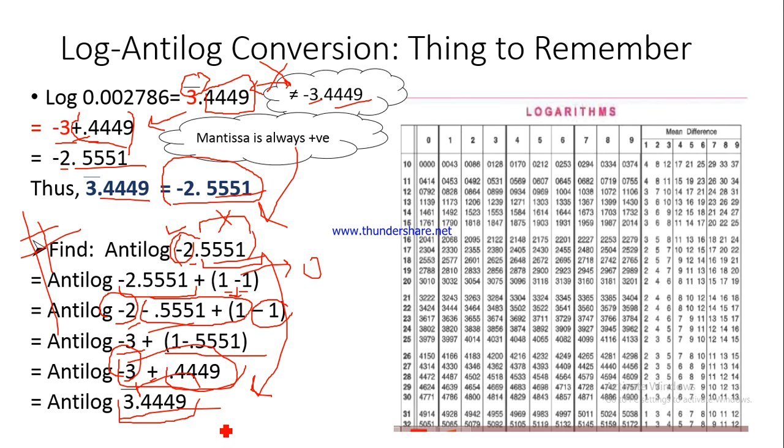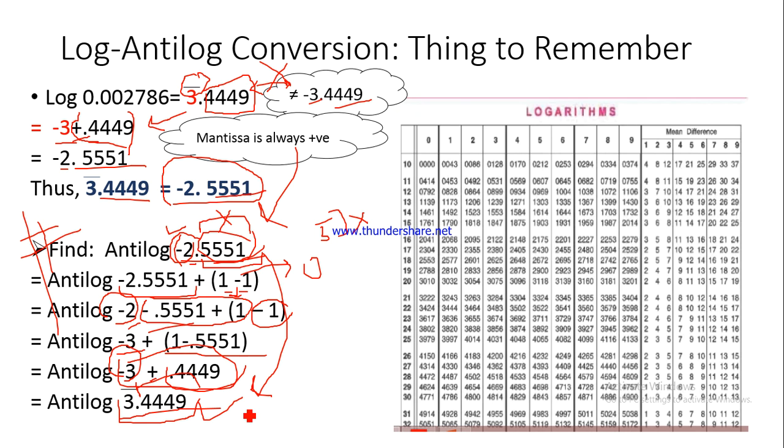So whenever this kind of a question comes up, you have to find out antilog of a negative number which has not been mentioned as a bar. It has not been mentioned as a bar, please understand. If it is not mentioned as a bar, then you have to go for this particular methodology, convert this term into a positive term using this particular methodology, and once you have done that, then only proceed with finding the antilog value. Is this fine?